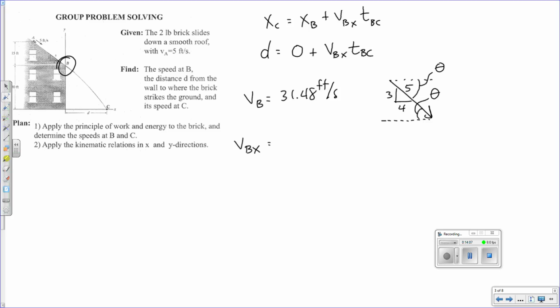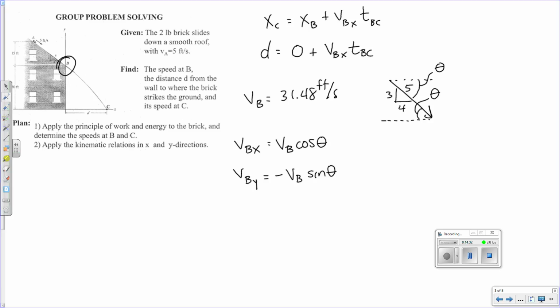VBX is going to be equal to VB cosine theta. Similarly, VBY is going to be equal to negative VB sine theta. I'll give you a minute to think about how I know that.